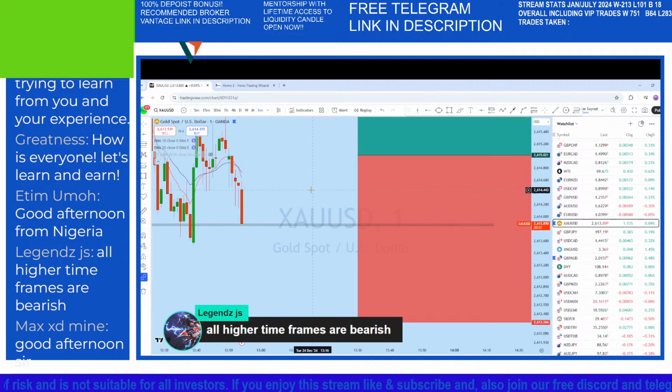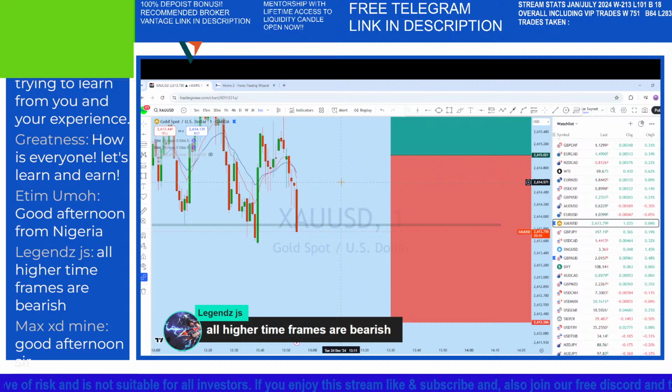So there is a narrow 1 minute candle formation.